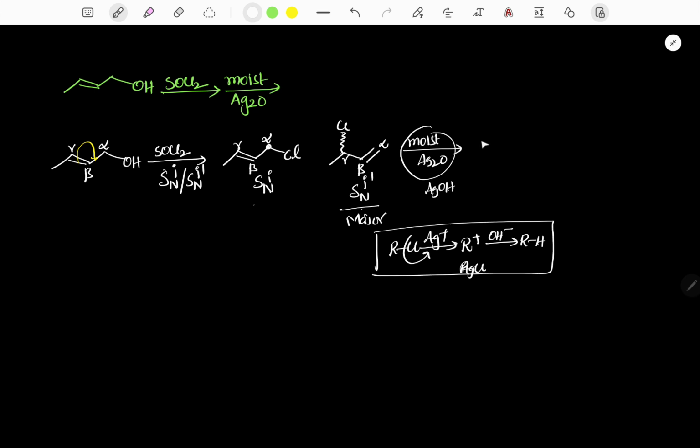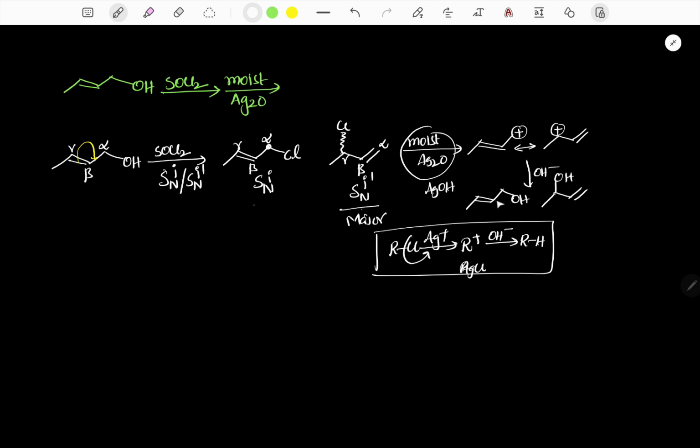Similarly, in this case also, if the first compound loses the leaving group, it forms C plus. The second molecule loses the leaving group and forms the corresponding C plus. Now these two are resonance structures. Now these two react with OH minus and the corresponding products are formed.